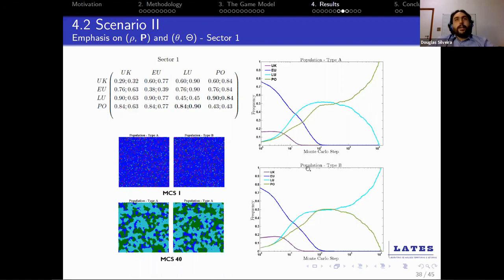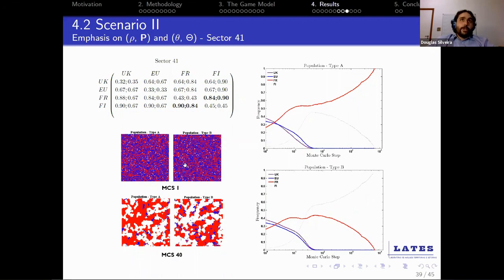That's for sector one. And for sector 41, we are trying to model the location decision in the financial sector. What we see is that now we have the UK, the European Union, and we also have France and Finland as final destinations for firm location.